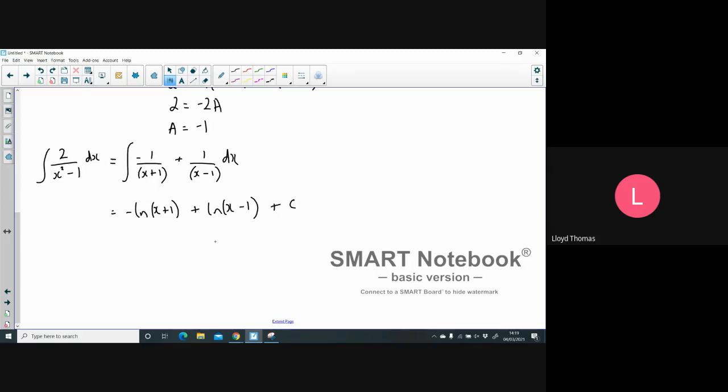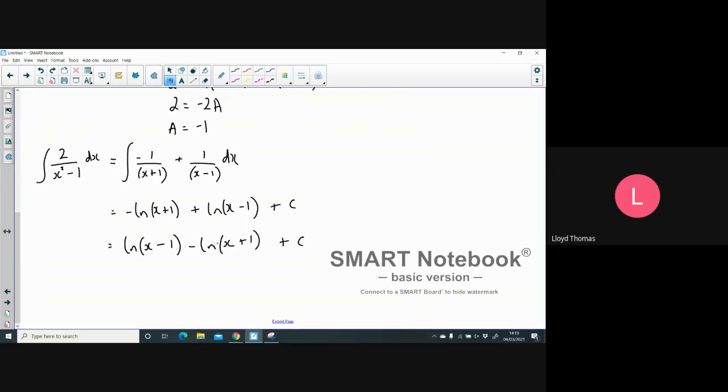And we can combine these together as an answer. It's perhaps easier to write them the other way around, because you'll see why in a moment. If I write them the other way around, it's exactly the same answer. I'm just writing the -1 second.